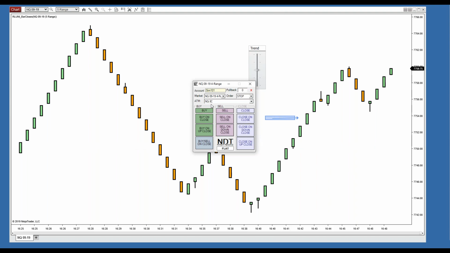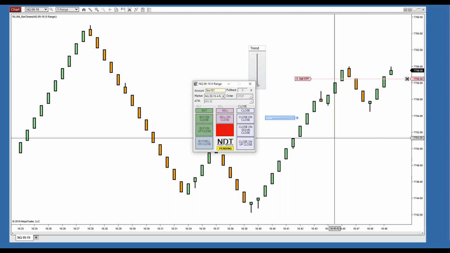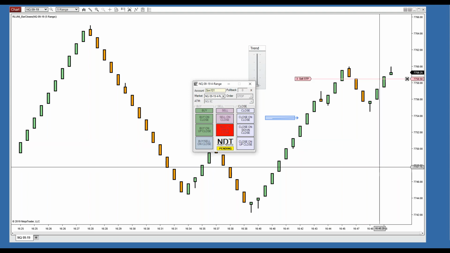It's just a technical issue with my ability to configure, and because I've been moving it around, I have it set on a 5 range, and I'm not exactly sure why. I've never actually seen it where we can sell a down close and not buy an up close. But like I said, you don't have to worry about configuring it.